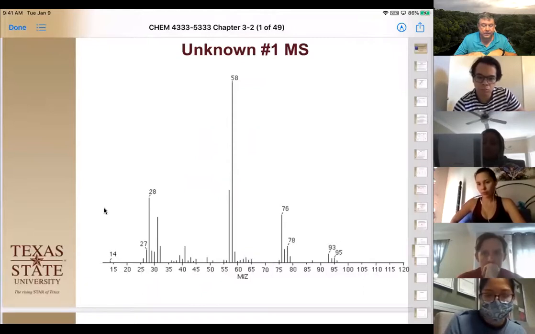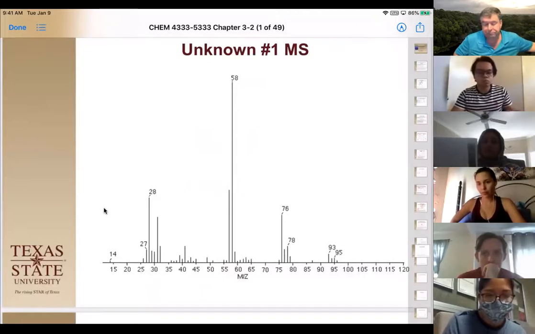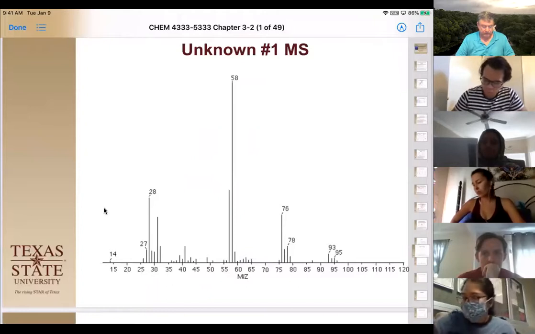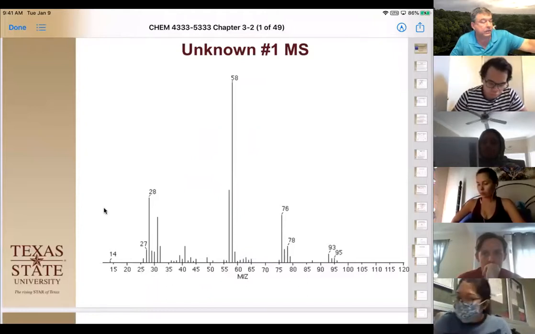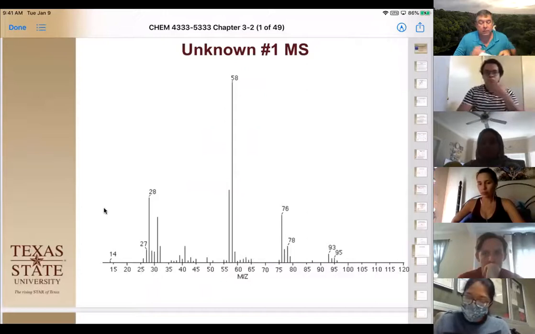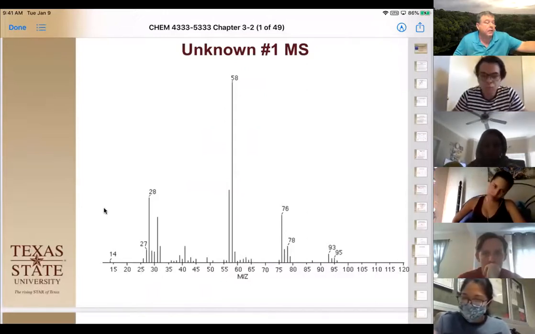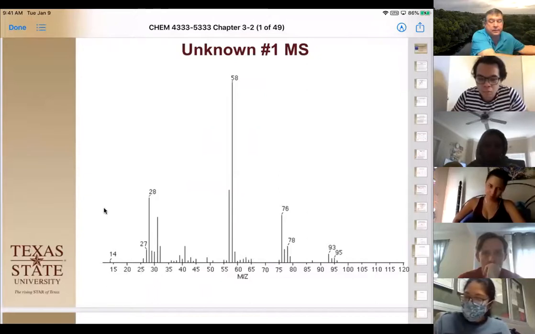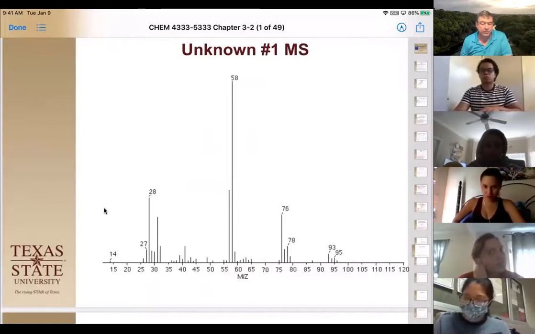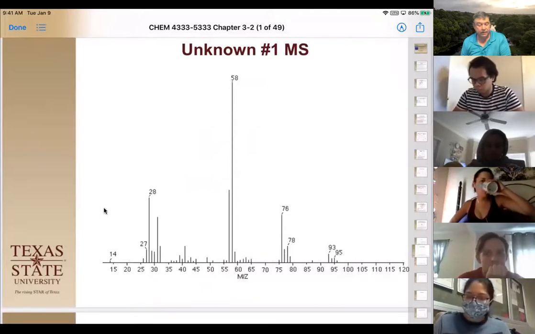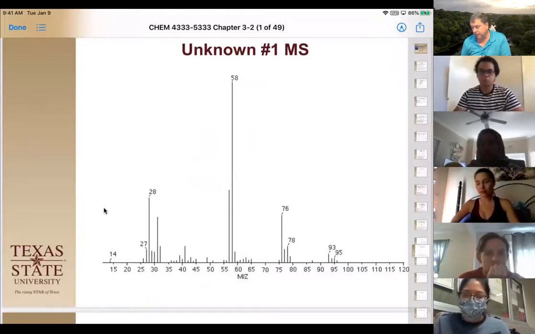Huh. So what do we do now? What do we think we have? We have a 28 peak, a 58 peak, that 76 peak, and that weird parent ion peak.